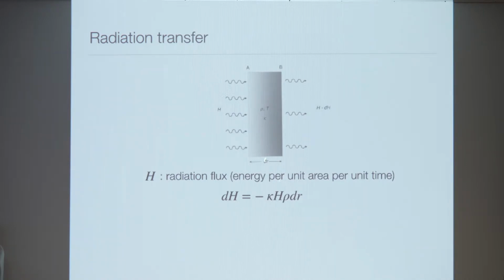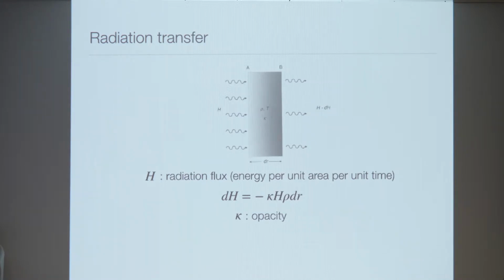So we can imagine this: how much energy will be lost will be proportional to density and also the flux. There should be, of course, some constant to get the actual radiation taken from this material, and that's something called opacity.